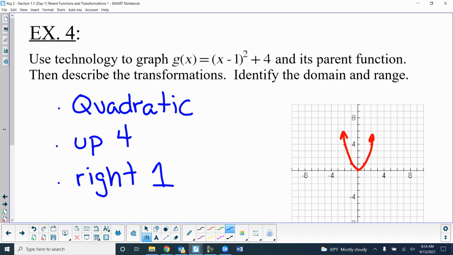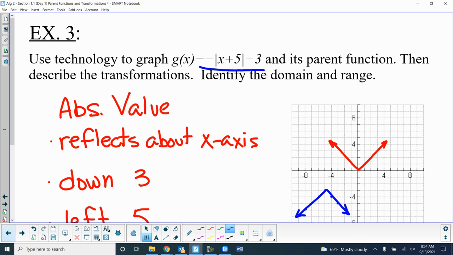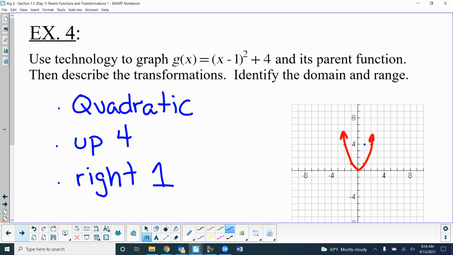And then our blue graph, all these points go right 1 and up 4. All right, so this goes right 1 and up 4. 1, 2, 3, 4. That's my vertex. Remember, that's called the vertex. On your V's for your absolute value, that's the vertex, just like a vertex for our parabola, okay? So I went for my vertex right 1 and up 4.